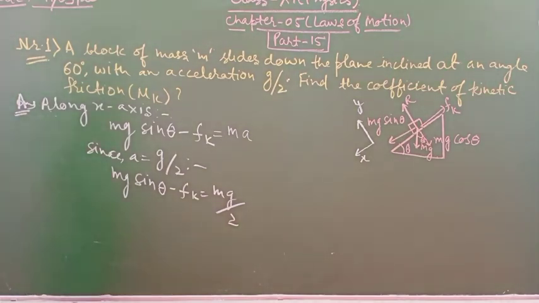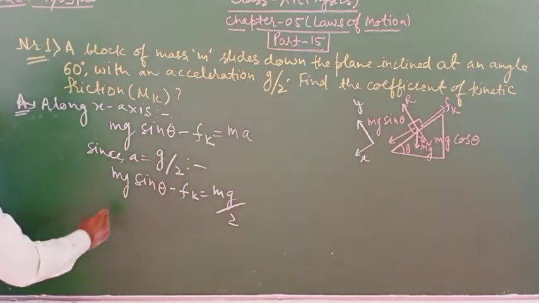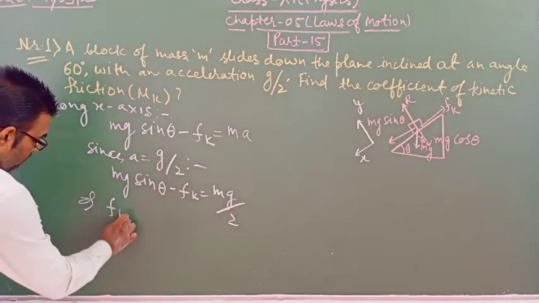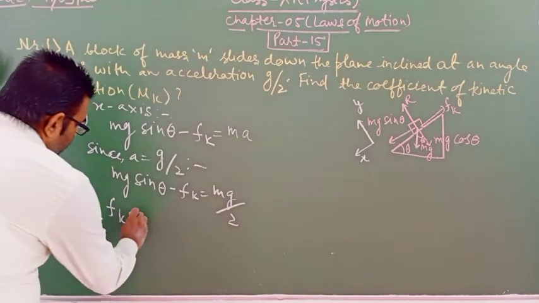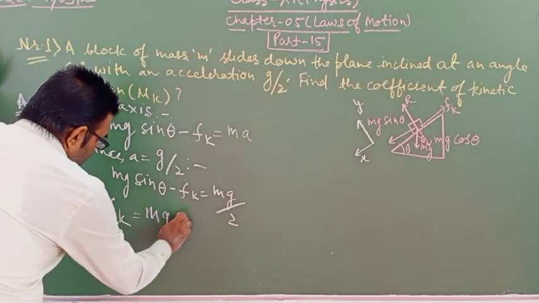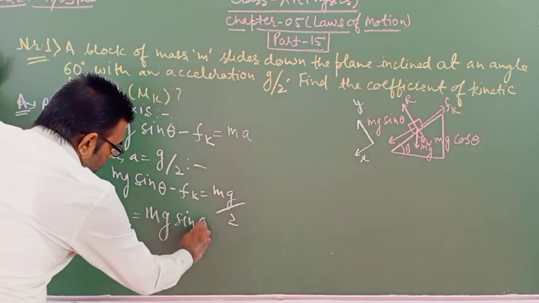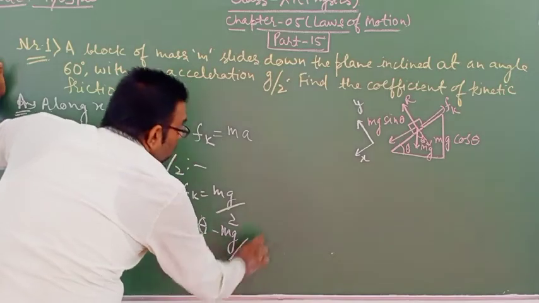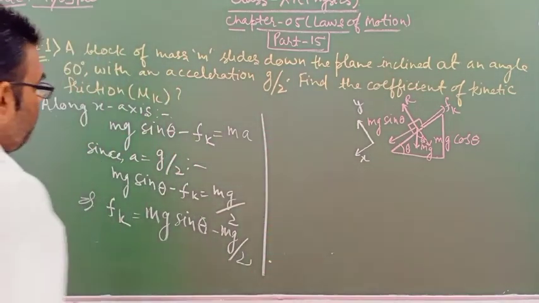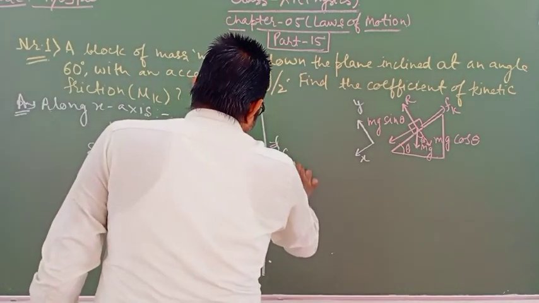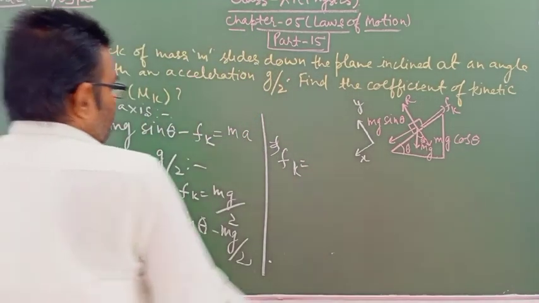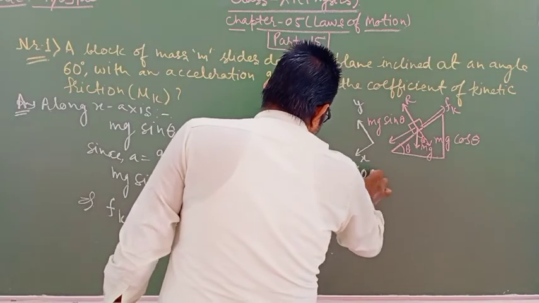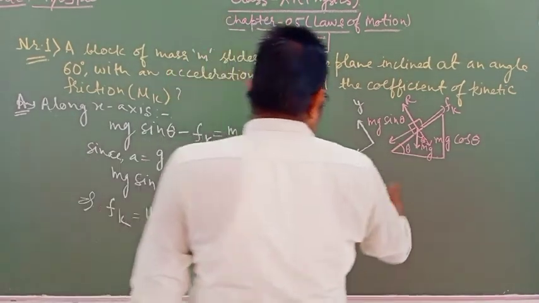Mass M is given, theta is given, so putting the value of theta, first of all, Fk is equal to mg sin theta minus mg by 2, and from here we can write Fk is equal to mg sin 60 degrees minus mg by 2.